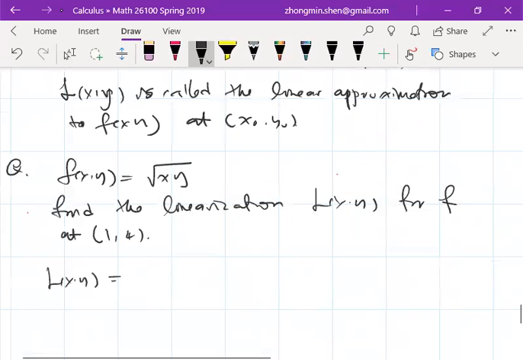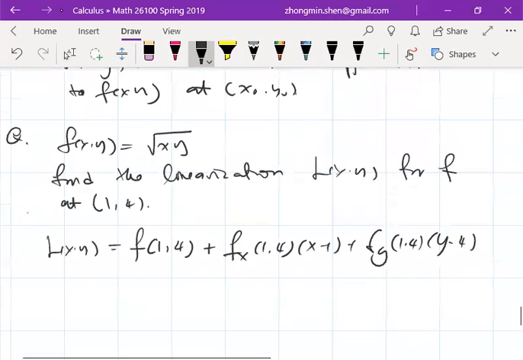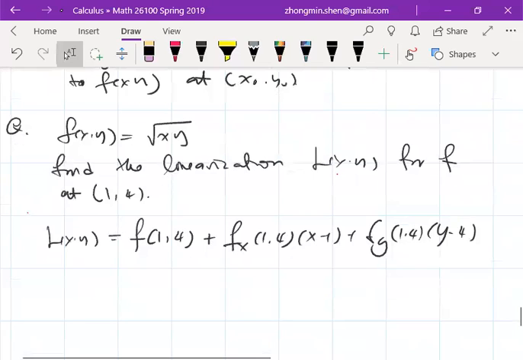It's going to be f of 1, 4 plus f sub x of 1, 4 times x minus 1, plus f sub y of 1, 4 times y minus 4. So you write down the linearization formula. Then it's clear what you have to do: you have to evaluate the 3 values. Let's find the partial derivatives first. How do you find the partial derivative?